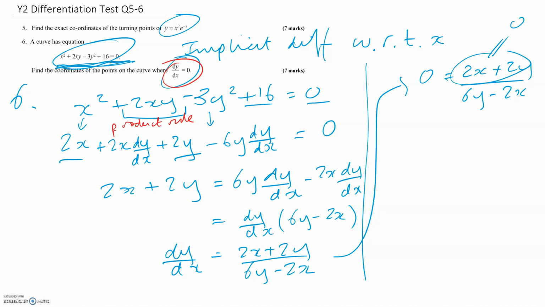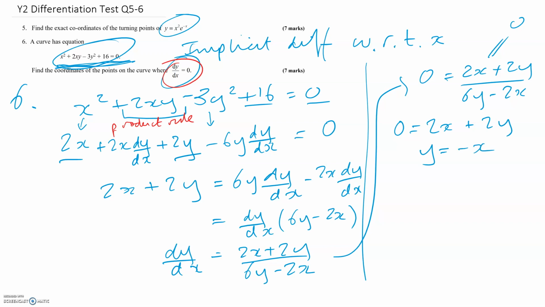Okay, so all you need to write down, you can ignore the denominator and just write down 0 equals 2x plus 2y, and then what you have is, well, it's just 0 equals x plus y, so you can rearrange that to get y on its own.